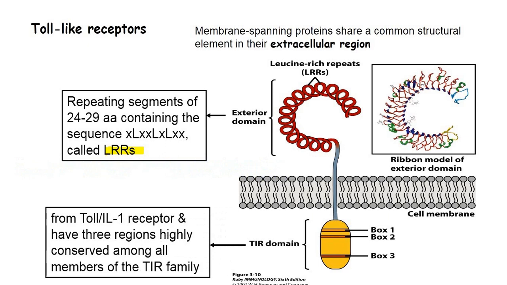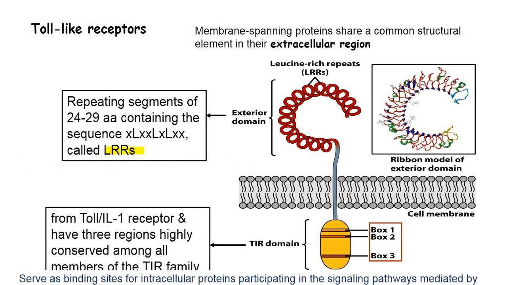So, that is in the cytosolic domain that I showed in the earlier diagram. And finally, you have box 1, box 2 and box 3, evolutionary binding sites of intracellular proteins. They participate in the signal transduction pathway. That of course will be in the next segment of my talk, and box 1, box 2 and box 3 are evolutionarily conserved.